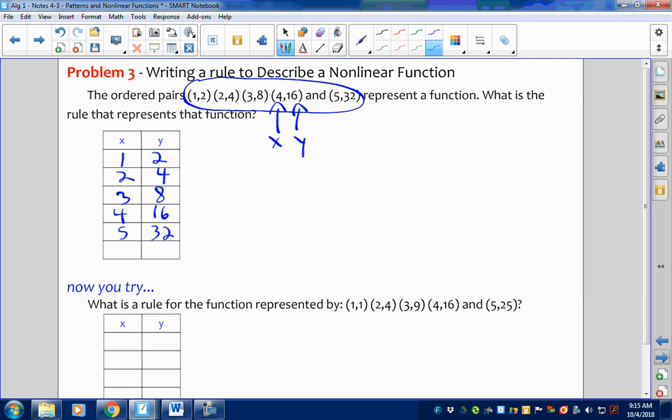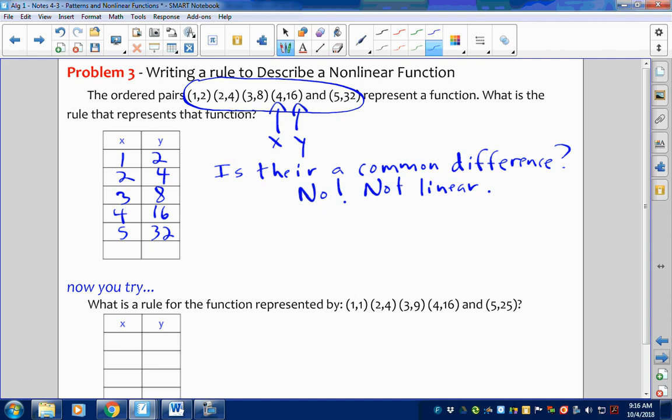First of all, is there a constant difference here? Difference here is 2. Difference here is 4. Not constant then. So is it linear? No, definitely not linear. This is similar to the pattern I just showed you. What's the common multiplier? That's the next thing. So ask, is there a common difference? The answer is no. So it's not linear.